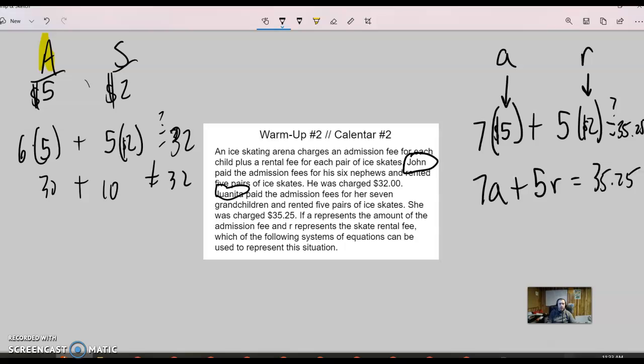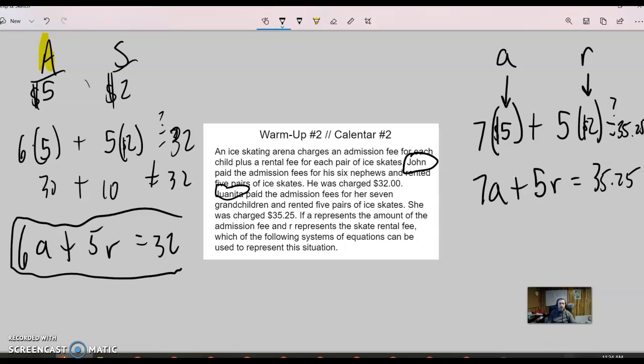And this one would be 6A plus 5R equals 32. So find those in that group there, and hopefully this idea of just guessing and writing it out can help your brain start to develop what equations would come out of that. All right?